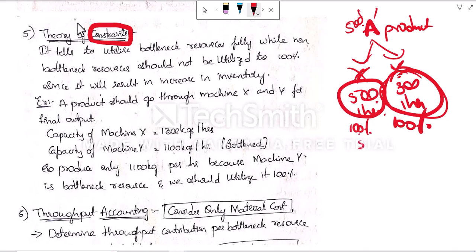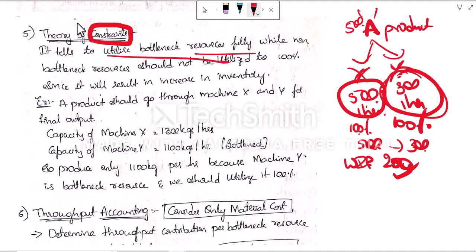we can produce 500 units, but it also needs machine Y. So if it can produce only 300 units, 200 units will be work in progress. For this, we need to incur the inventory, storage cost, carrying cost, all that stuff again. So in order to eliminate all that, what does theory of constraint say?